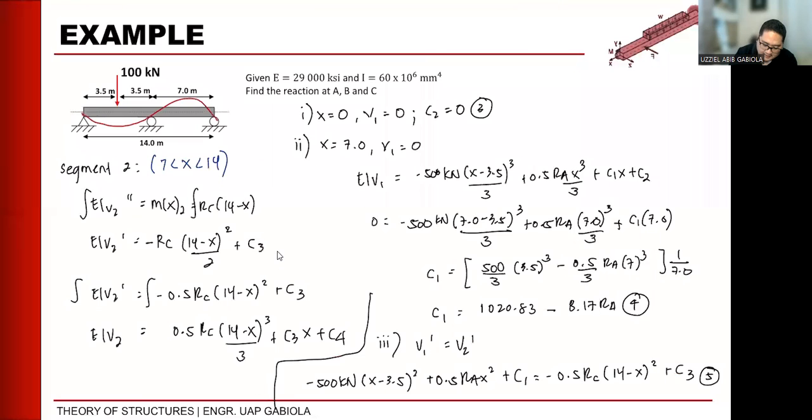So, ano yung makakalculate natin dito? Pag tinignan natin, ito yung ating equation. Pag naging 0 to, substitute natin yung x na 14, this will be 0. This will be C3, 14, times 14, then C4. So, magkakameron tayo ng relationship ni C3 tsaka ni C4.